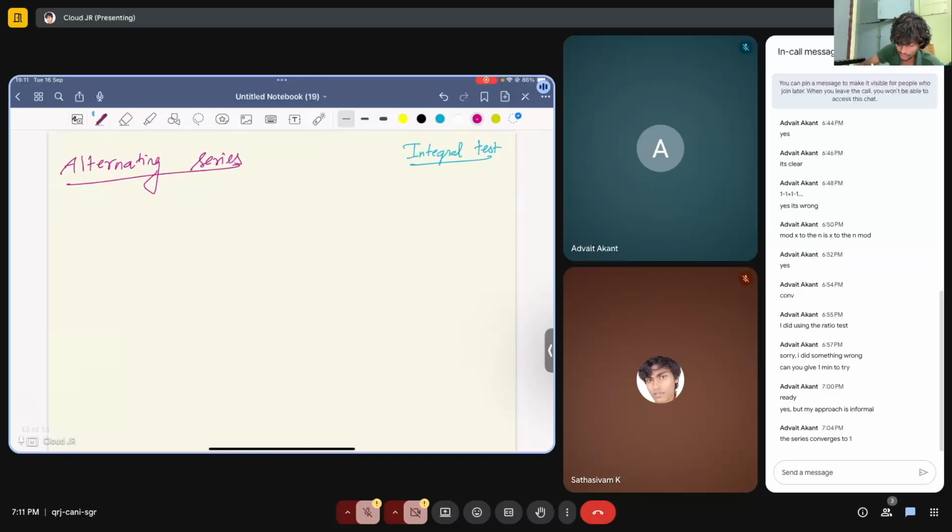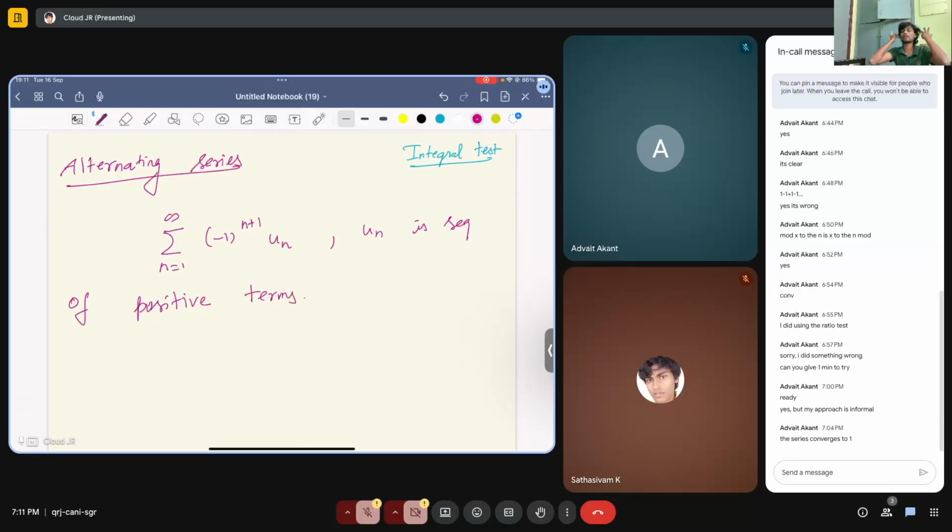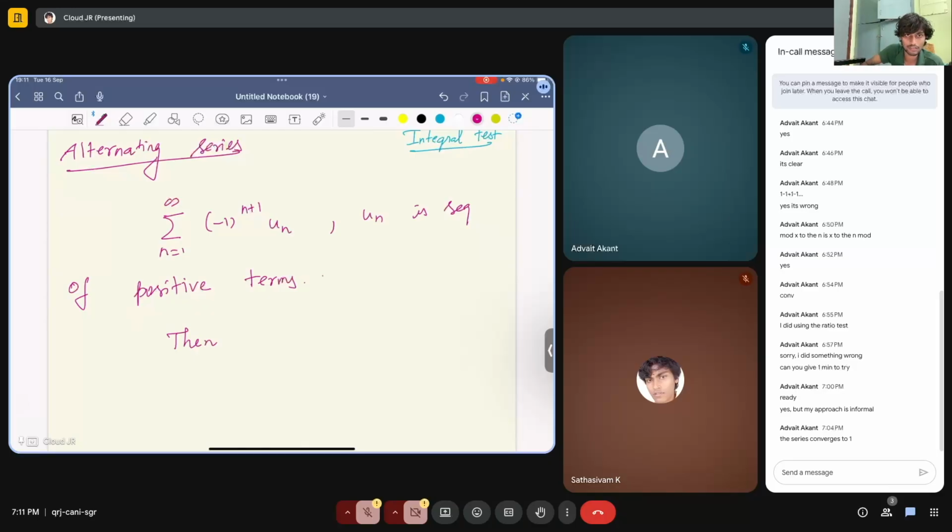You have a sequence, let's say, of this form: the sum from n equal to 1 to infinity of (minus 1) power n plus 1 times un. But this un is a sequence of positive or non-negative terms. If you have something like that, then this series is called an alternating series.